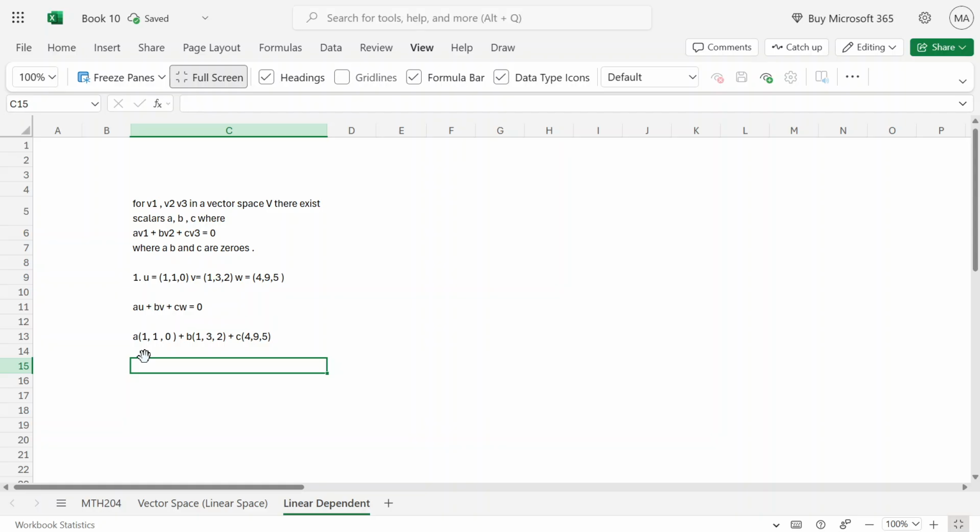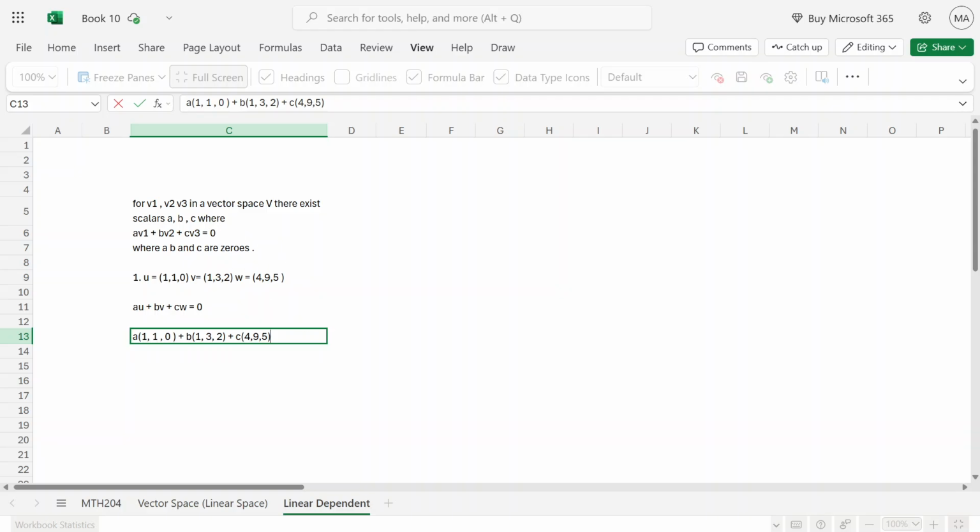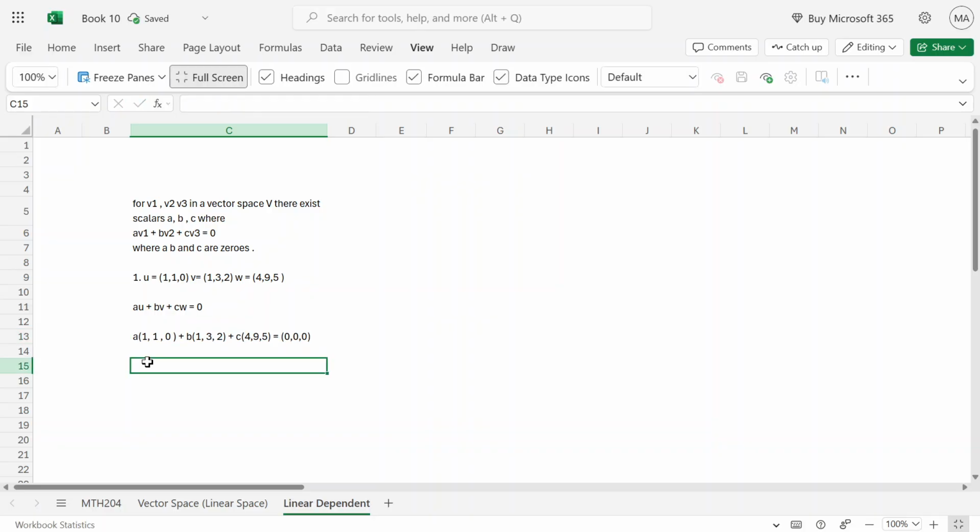Now let's try the equation out. It should be equal to what? If you remember, it should be equal to 0. So it will be (0, 0, 0). Now we can write our equation. First, we times a by the first number in the first vector, then we times b by the first number in the second vector, then we times c by the first number in the third vector. So it will now be a plus b plus 4c equals 0.